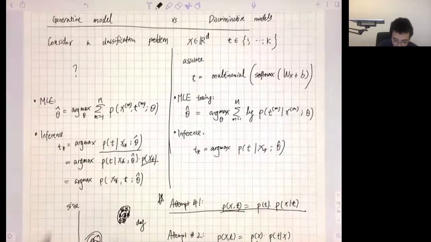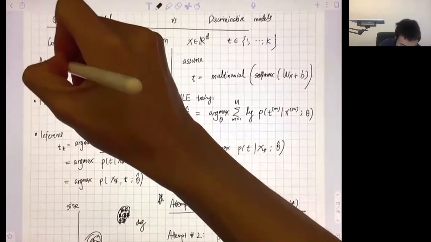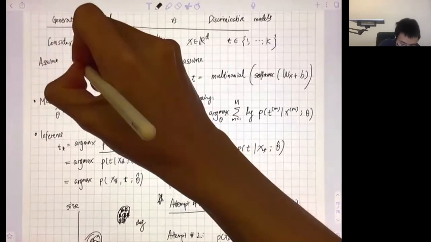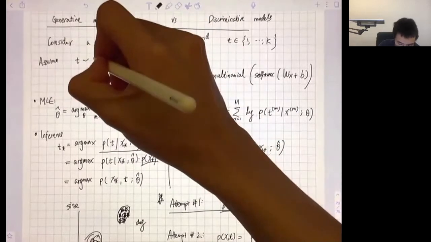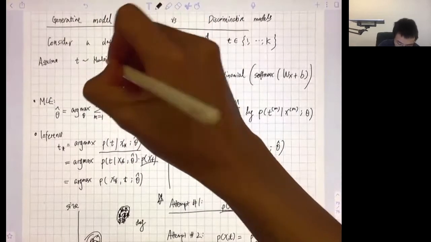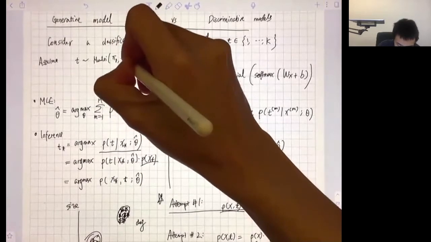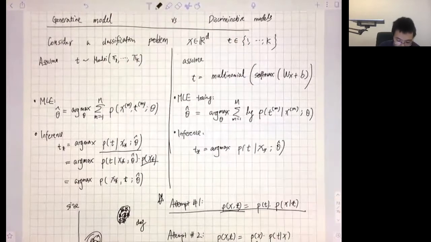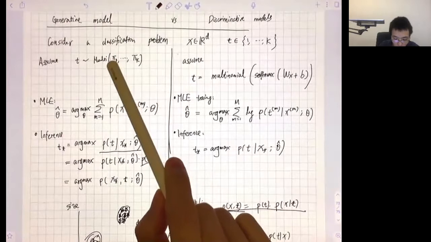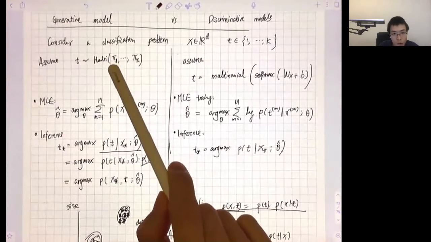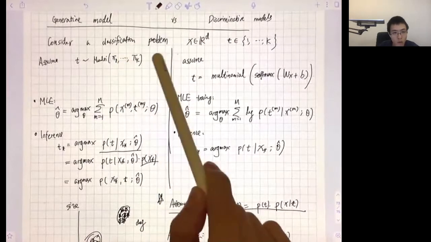So the model here is, we assume that T is sampled from a multinomial distribution or a categorical distribution from pi1 up to pi k. Okay, those are the class categories. So it says maybe half of the samples come from the first category, and what is the percentage of the samples that come from the second category, and so on and so forth.